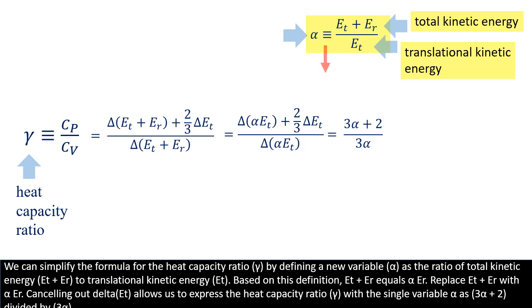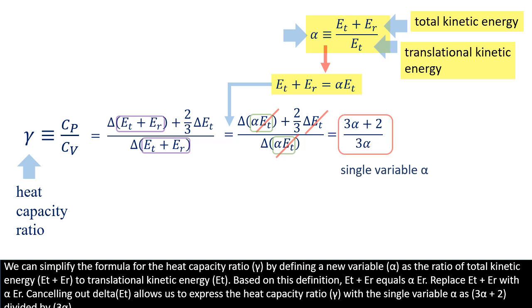Based on this definition, ET plus ER equals alpha ET. Replace ET plus ER with alpha ET. Cancelling out delta ET allows us to express the heat capacity ratio, gamma, with the single variable alpha as 3 alpha plus 2, divided by 3 alpha.